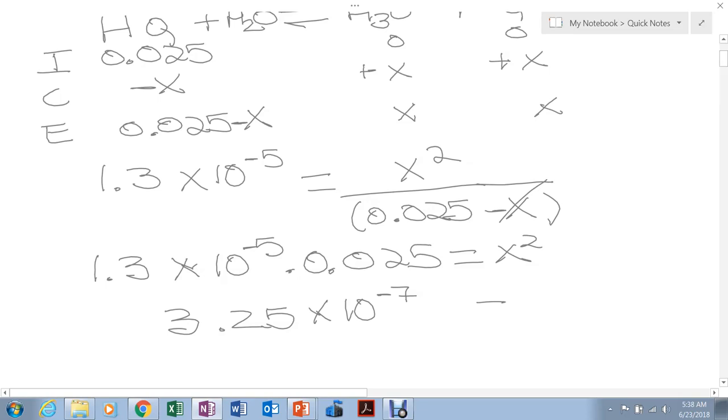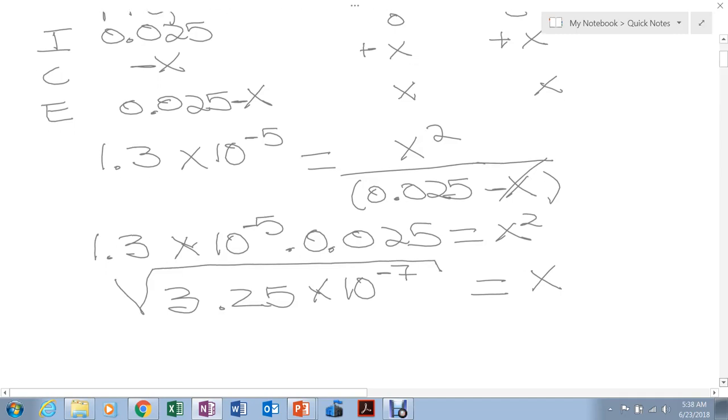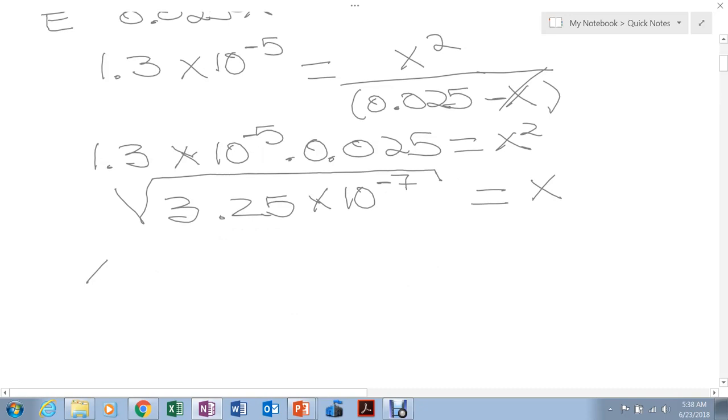And to get the x is the square root of this. And the x is going to be equal to 5.7 times 10 to the negative 4.